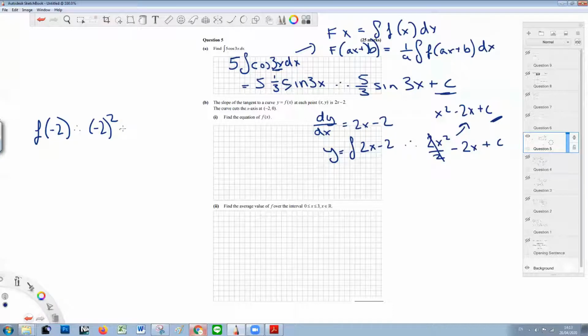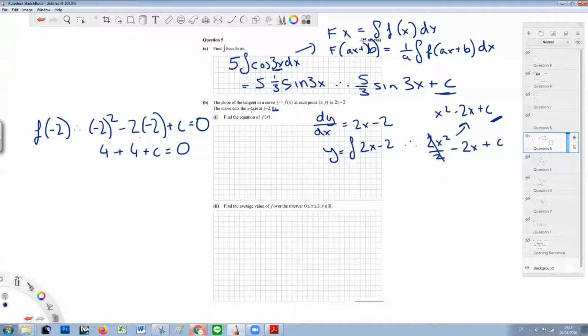That's all going to be 0, because we know that at that point, y is equal to 0. We're trying to find the function at minus 2 because we're basically looking for c. So minus 2 squared is 4, that's going to be plus 4, plus 4 plus c is equal to 0.